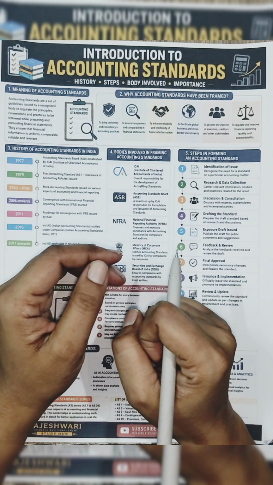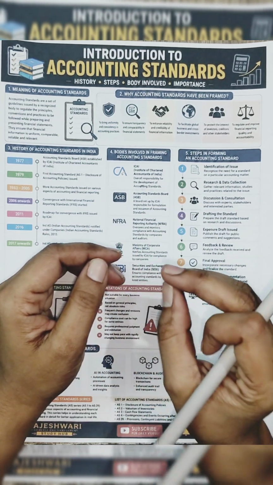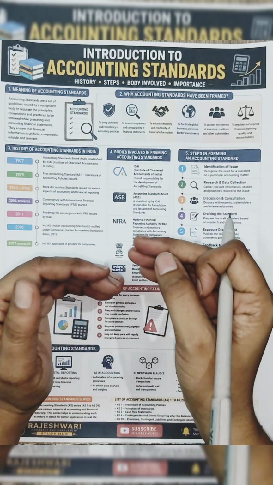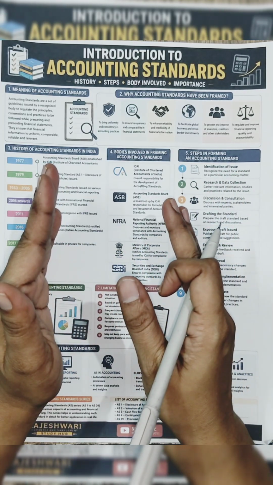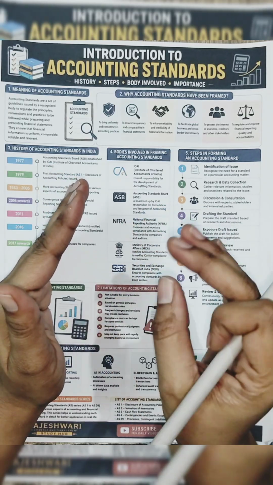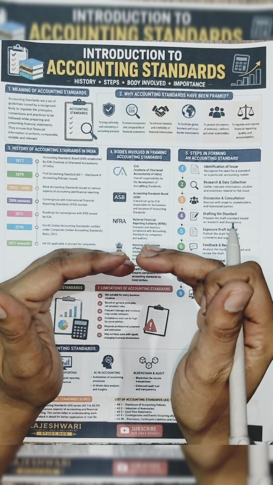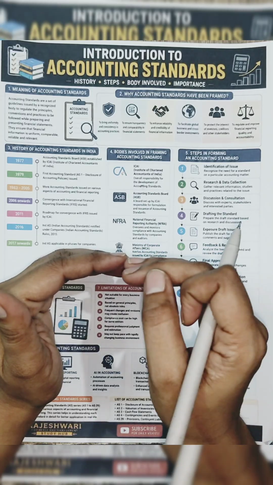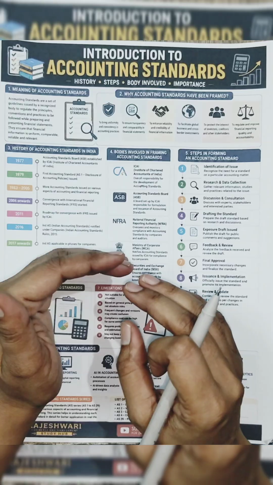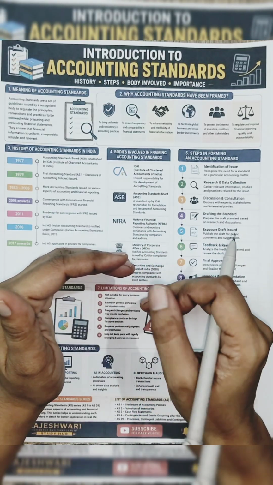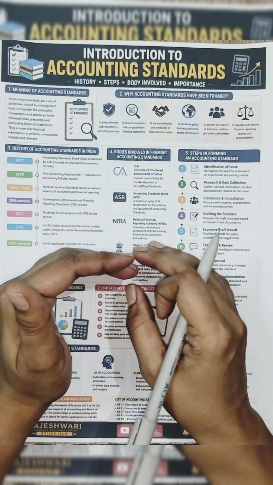Why do we need this accounting standard? Why has it been framed? Uniformity, as we already spoke. If everybody prepares differently, will you be able to understand? No. Will you be able to compare? No. Comparing is the most important thing in finance, to understand the financial position of where you are. So uniformity, transparency, reliability.